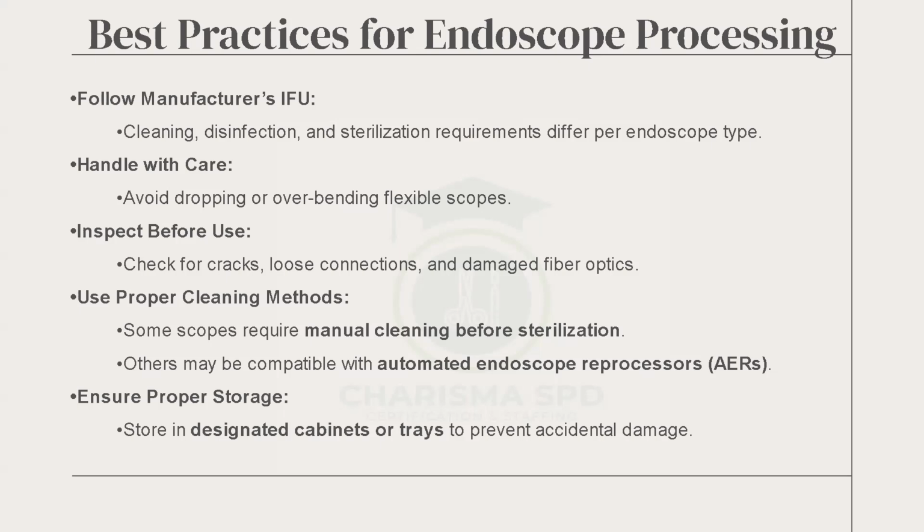An automated endoscopic reprocessor is a machine that you connect all the channels of the scopes to, and then the machine will do the work. But before the machine does the work, you will have to do the manual part. So it means that even though the machine would help, you have your part to play. And that part, you have to do to the best of your ability. Next slide.